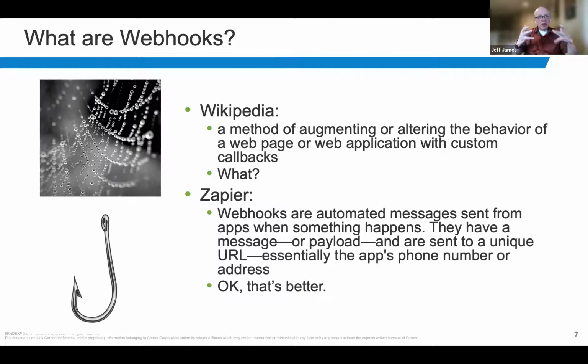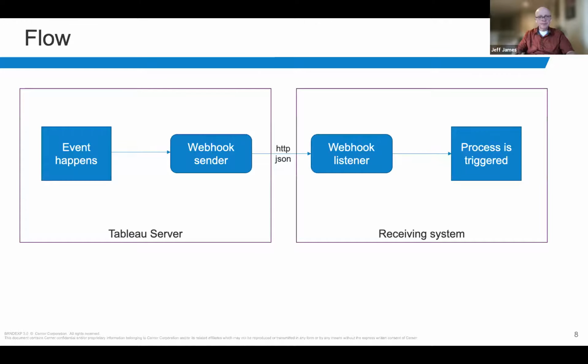But the whole idea of this is it's standards-based, uses REST APIs, uses JSON, uses HTTP as the transport mechanism. So a lot of things that you're dealing with on a regular basis when you're coding in the web world.